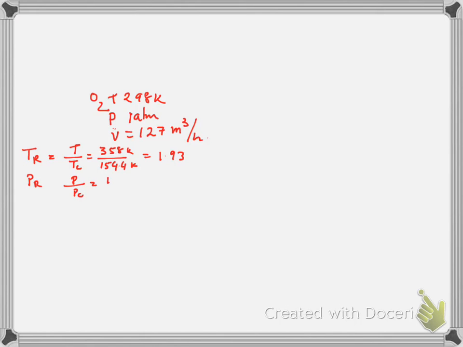P, it's coming out at 1000 atmospheres, and PC is 49.7. So what would be your PR? 20.1. Because we cannot read that 2 anyway, right?